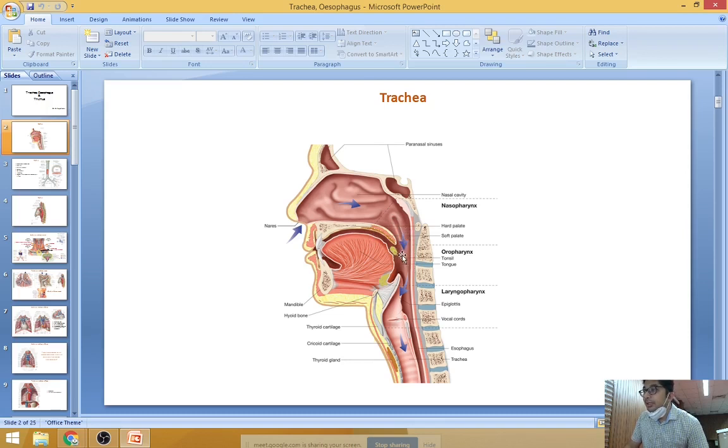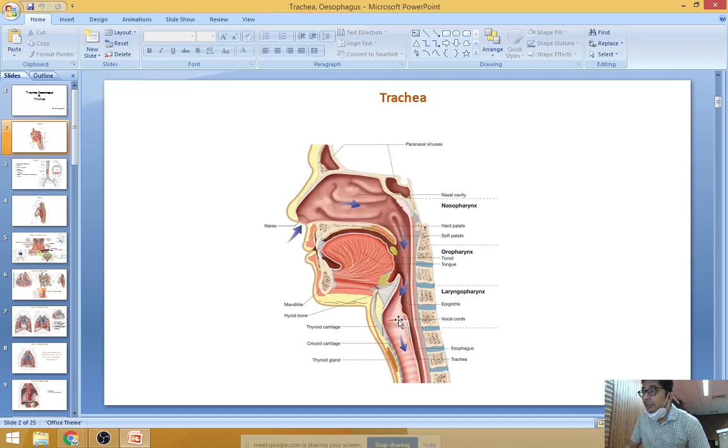The air passes to the anterior part, while the bolus of food will pass to the posterior part, isn't it? In the anterior part, this area consists of some cartilages, starting from the epiglottis, the thyroid cartilage, the cricoid cartilage. These are all known as the laryngeal cartilages, and this area is thus known as the larynx.